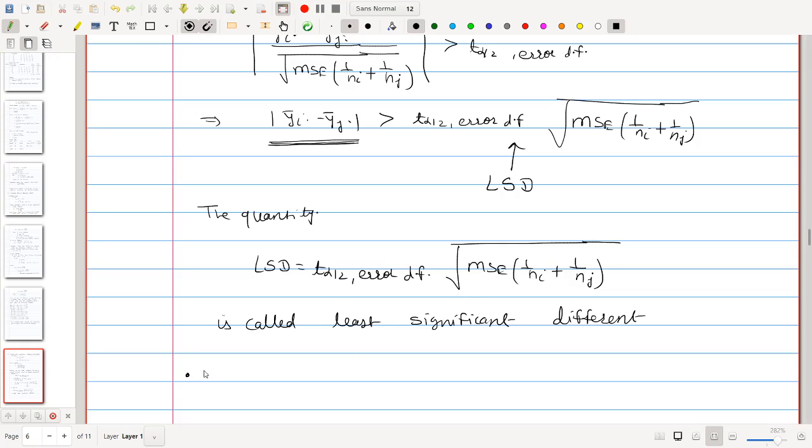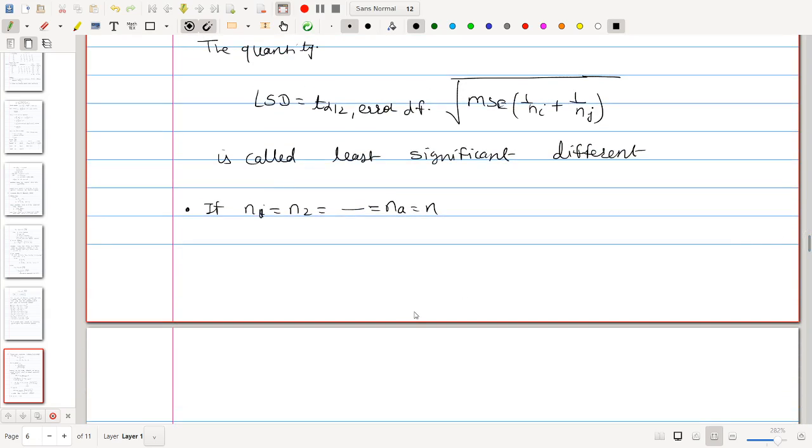If your ni's are the same, meaning n1 is equal to n2 up to na, then the formula of this LSD will be t alpha by 2, comma, error degrees of freedom. Now if these ni's are the same, then this will be n and this will be n, so this becomes 2 times 1 by n.